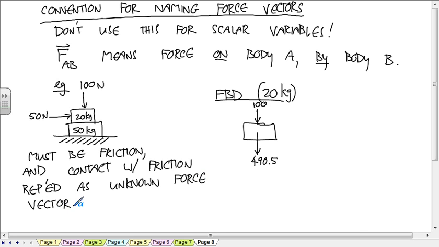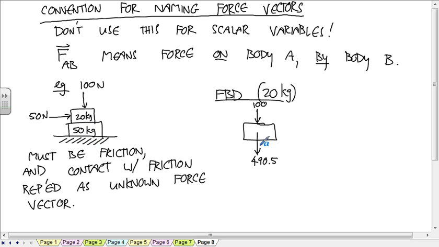Okay, so if there's contact with friction, there are two components of force, and we don't know either one of them. You could represent them with a single variable if you knew the coefficient of friction, and that's probably what you did most often in physics. But for now, we don't know the coefficient of friction, and we're just going to assume that there's an unknown force vector applied between these two bodies, and there's an unknown force vector applied between the 50 and the ground. Okay.